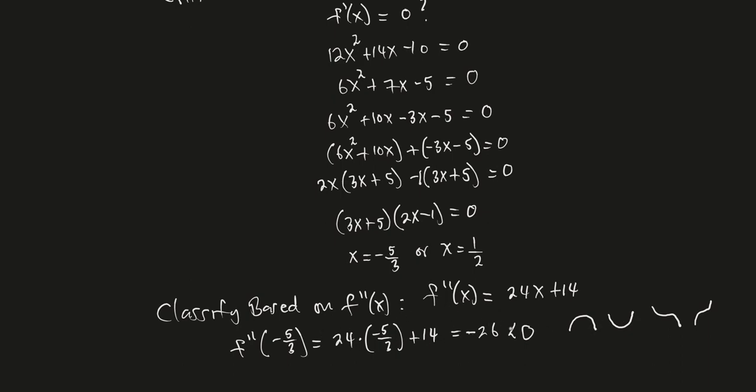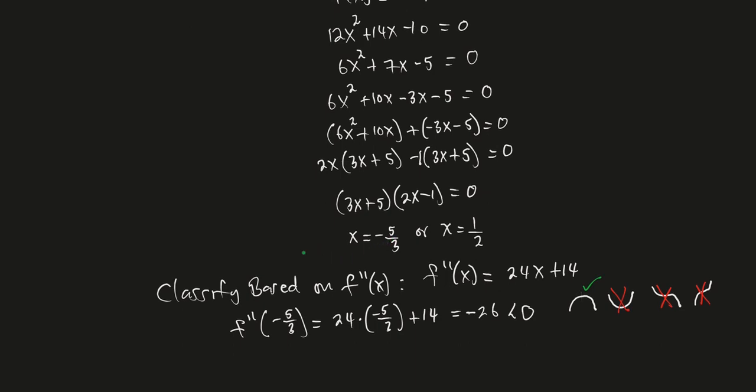But now, because the second derivative is negative, the function has to be concave down. So it rules out immediately these other three options. It can't be any of these, because we have a stationary point and the function is concave down. The function is concave down because the second derivative at that point is negative, right? So the only conclusion is that at x equals negative 5/3, f of x has a relative maximum.